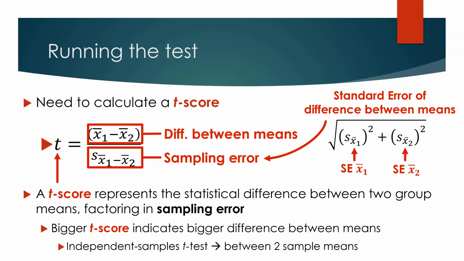Now we do have a large amount of sampling error, so maybe the difference is actually bigger, but the sampling error is bringing our t-score down, so it's not representing the difference as big as it should be. So we've got to keep that in mind. Sampling error might result in this t-test showing a non-significant difference. Okay, so in the next video, we're going to look at the independent samples t-test applied with hypothesis testing.